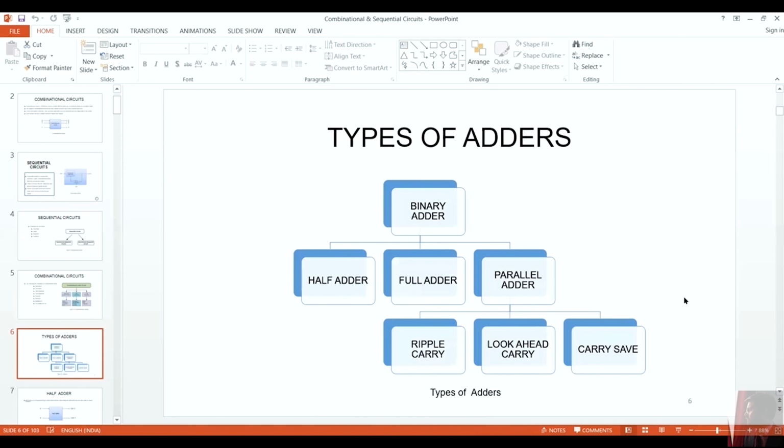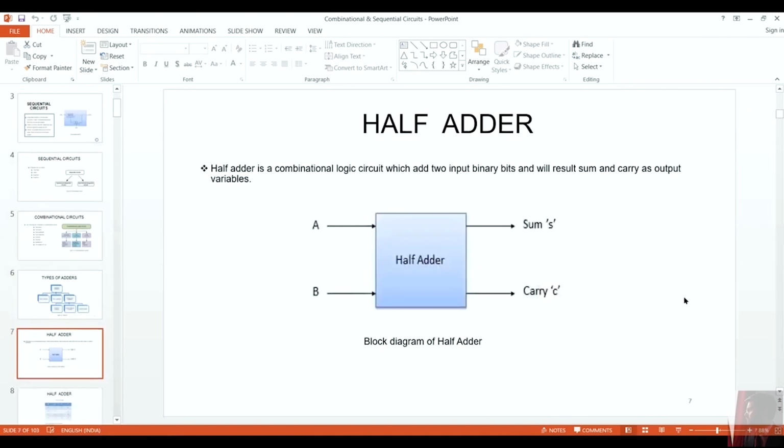When anybody asks you what is the difference between half adder and full adder, just tell very clearly: in half adder, we are talking about 2 inputs, and in the full adder, we are talking about 3 inputs, where the third input represents your carry. Okay, so we will also discuss ripple carry, carry save and look ahead carry. These are different types of adders we can see from the parallel adder.